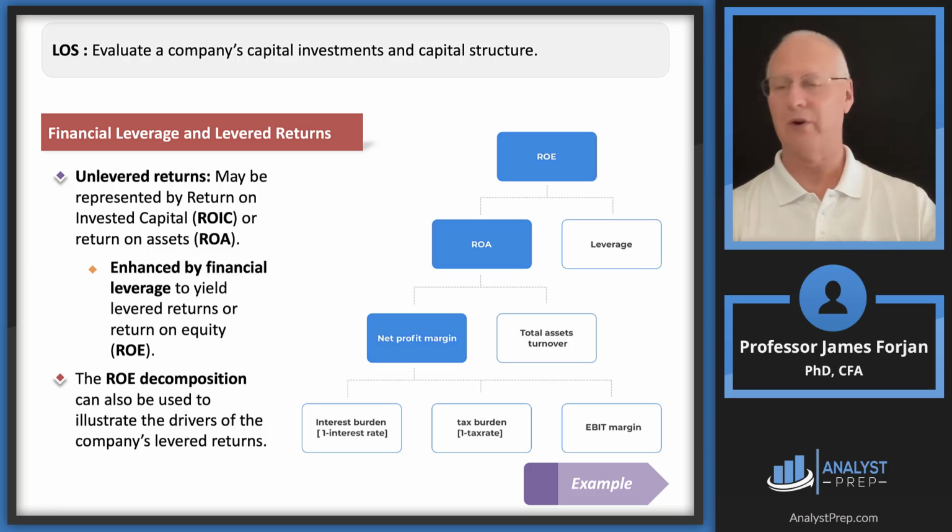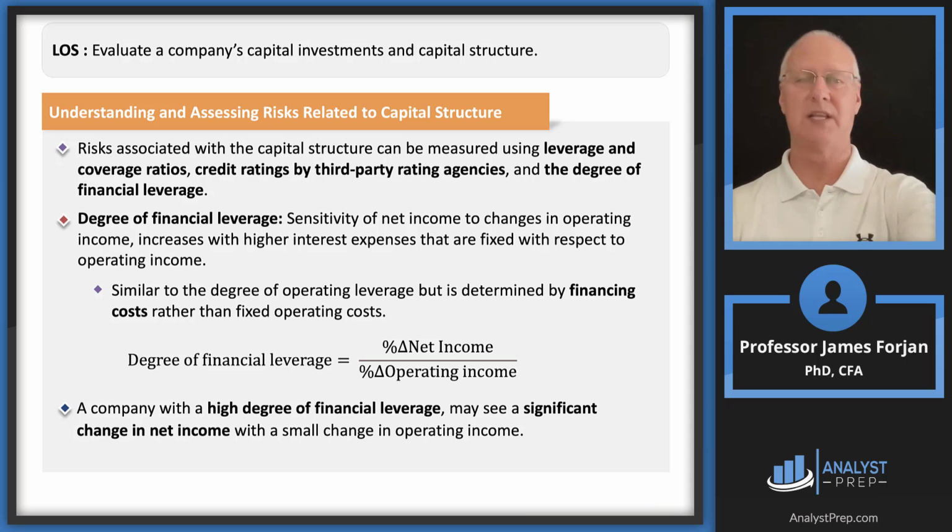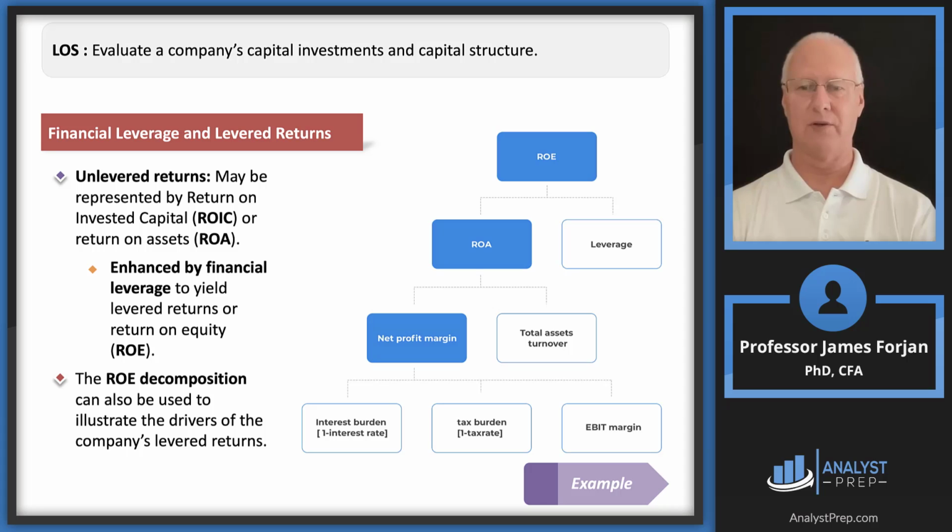The regular old return on assets, which is just net income over total assets, plus this concept of leverage. And that brings into this the idea of how much debt is in our capital structure. What about that financial leverage?